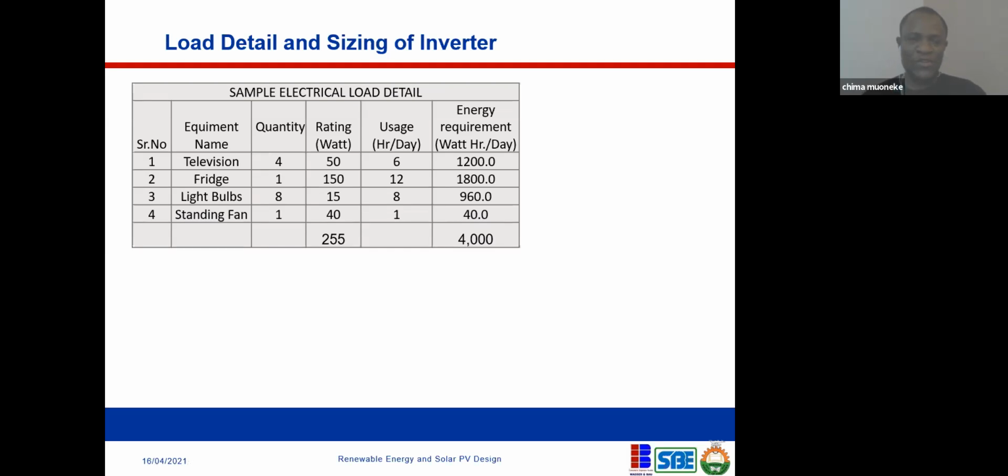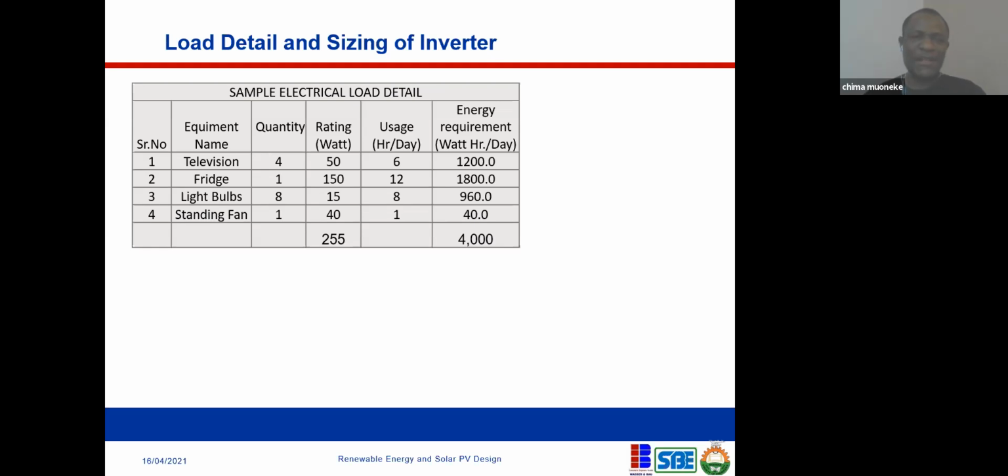And again, you have to take notice that if you go to an apartment, or whatever load it is that you want to power, you need to ask your client to list the items or appliances that he needs to power. It mustn't be that the client powers everything in the house or facility with this solar system, considering the cost.